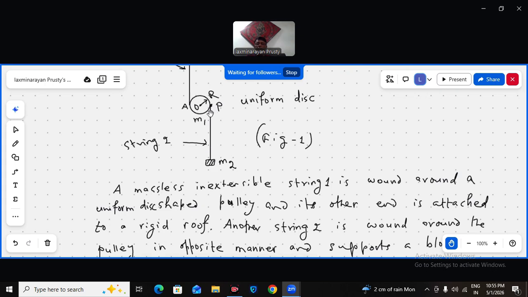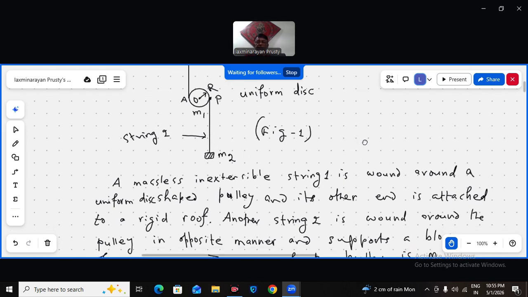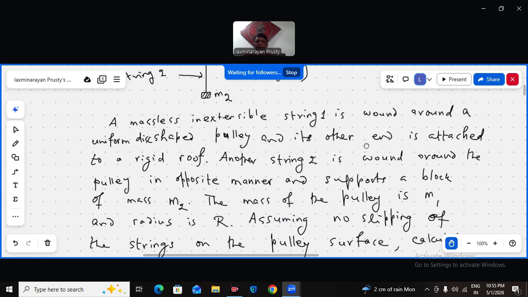The string is wound like this and supports the block M2. This is also a massless inextensible string.